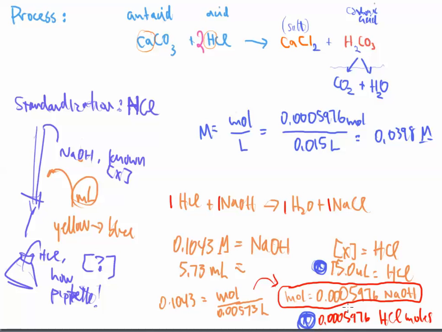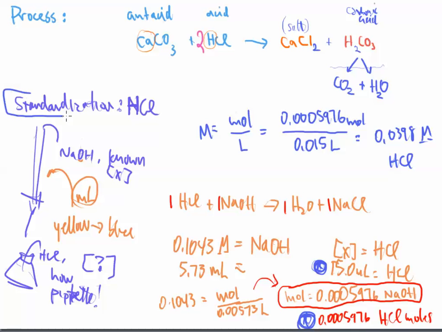If I know the moles of hydrochloric, and I know the liters of hydrochloric that I started with in my flask that I pipetted, I can take those two numbers now, plug those into a molarity formula, divide them, because that's mole divided by liter, and that will give me molarity of my HCl solution.